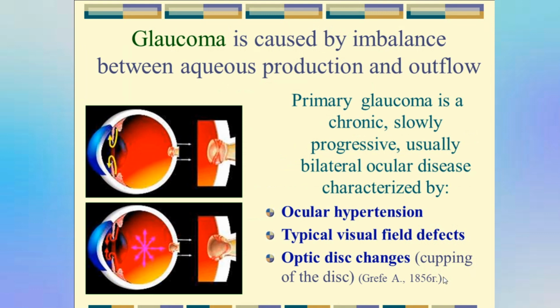For all glaucomas, there are three signs: ocular hypertension, typical visual defect, and optic disc changes. And when your teacher during practical classes asks you what the signs of glaucoma are, you should always say these three signs, and you will be correct.